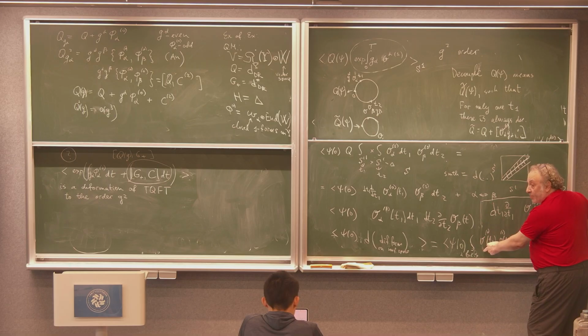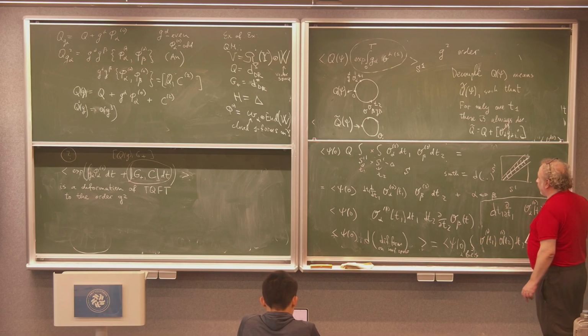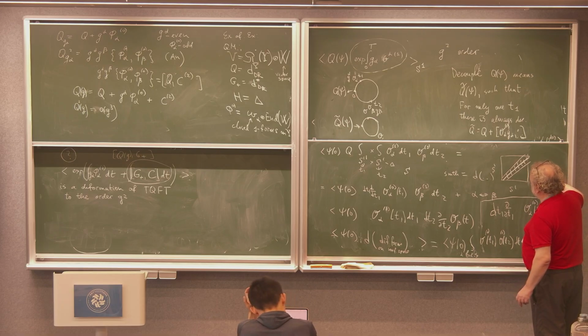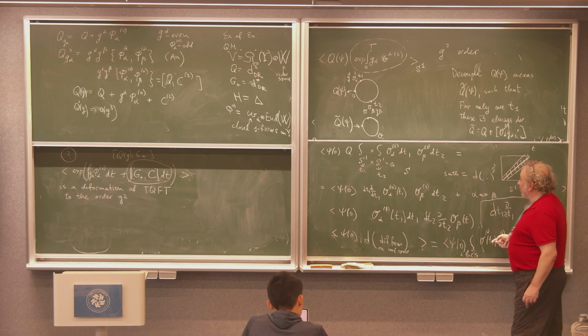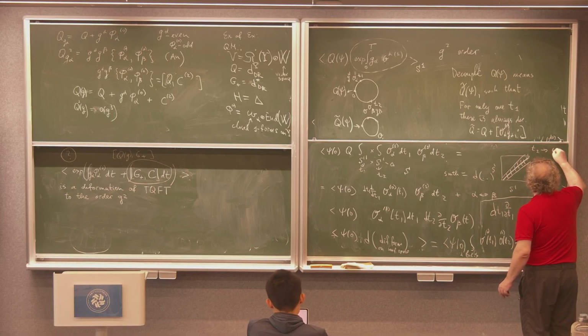Now, what happens with the boundary of configuration space? The boundary of configuration space contains points where, okay, so here it's T2 that is running, where T2 is going to 0.